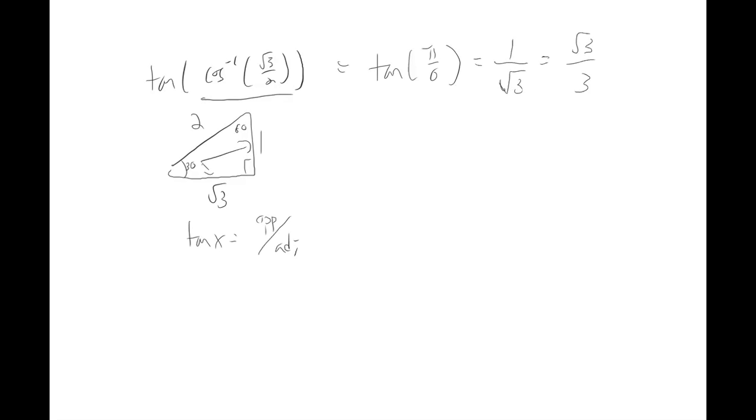And then the opposite is true. If I had cosine inverse of tan of pi over 3, for example, we can also solve this. And this makes sense: tan of pi over 3 is a number, and I'm taking cosine inverse of a number, so my answer should be an angle.